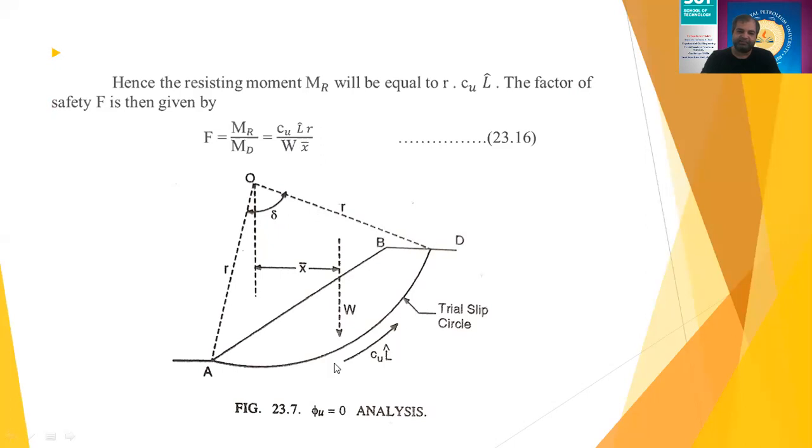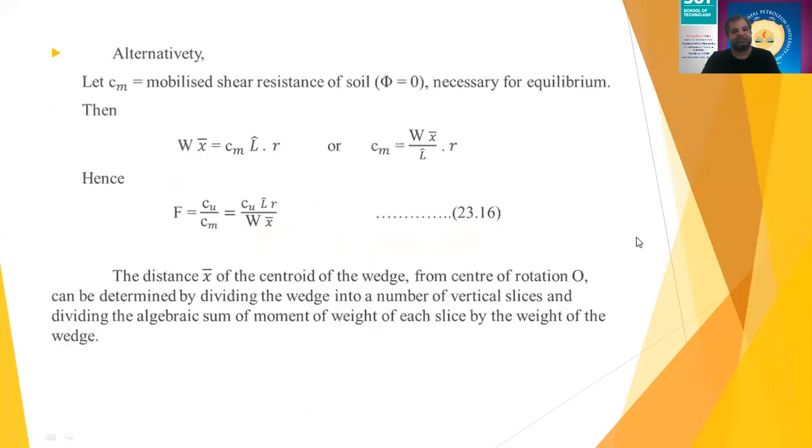You can take as many trial slip circles as you want. The trial slip circle corresponding to the minimum factor of safety is the critical slip circle. Here I am still not defining where the center is for taking this trial slip circle, and you can take as many radii as a trial.